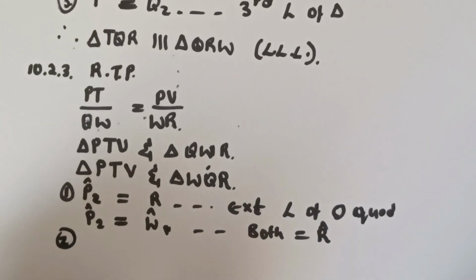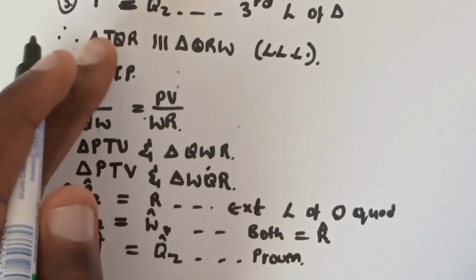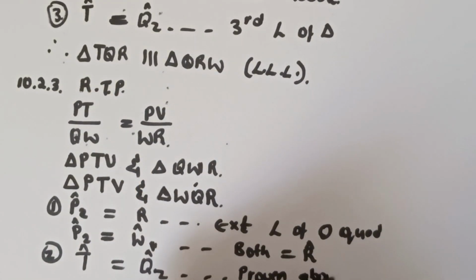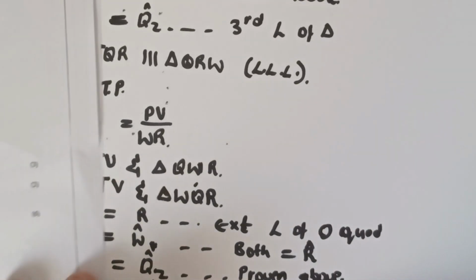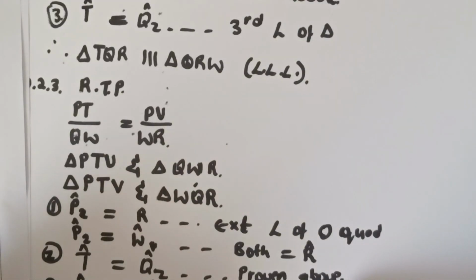Then for the second one, we can look at T and Q. We can see that angle T is equal to angle Q2, since proven above, since we did prove it as the third angle of a triangle. Then now for V, angle V here is equal to angle R, or let's check here if it's angle R. Yeah, it's angle R1, and then now it's V1.